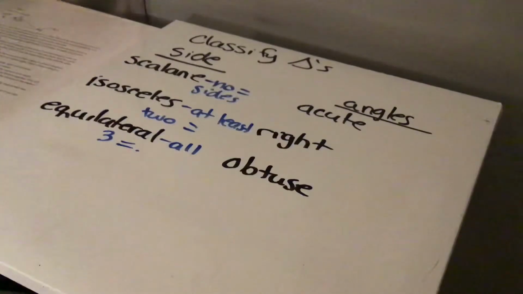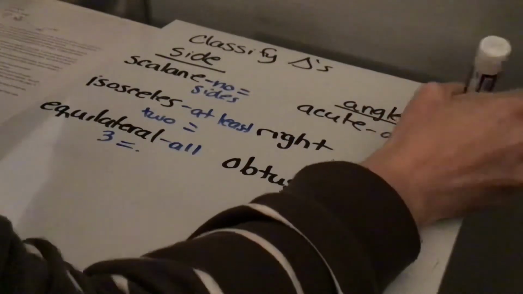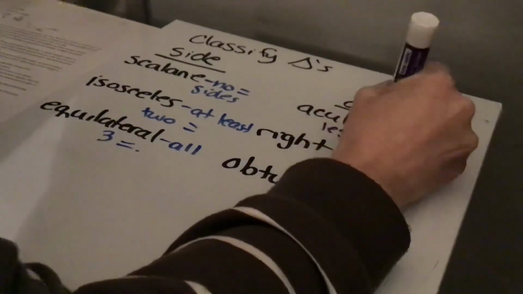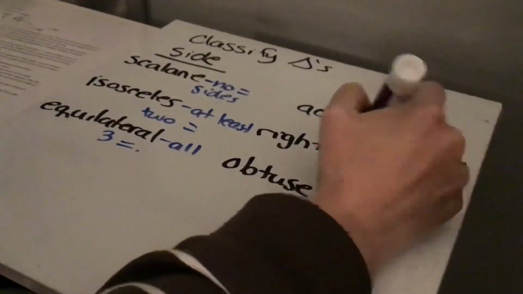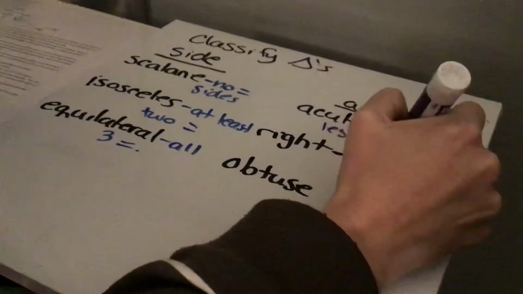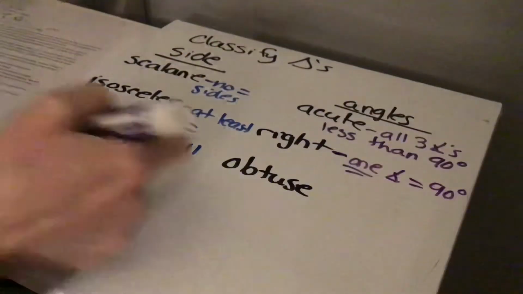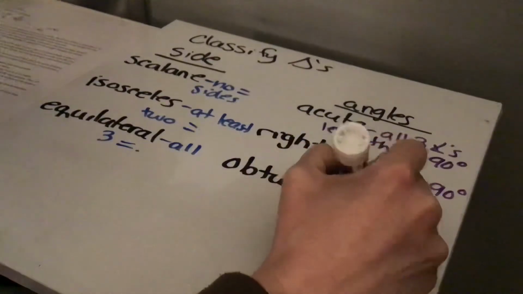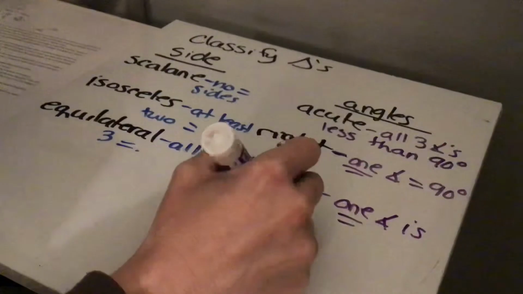Okay, classifying by angles, an acute triangle means all 3 angles are less than 90. A right triangle means you have exactly one angle that equals 90 degrees. And an obtuse triangle means exactly one angle is greater than 90 degrees.